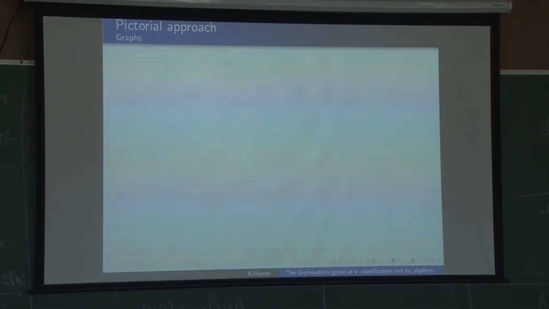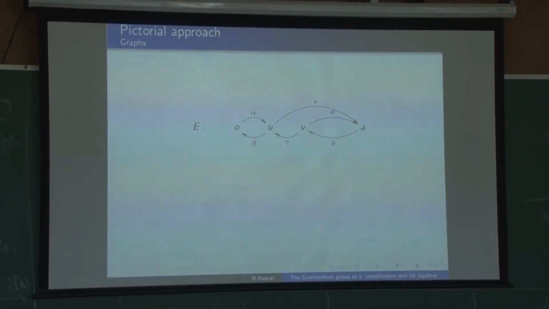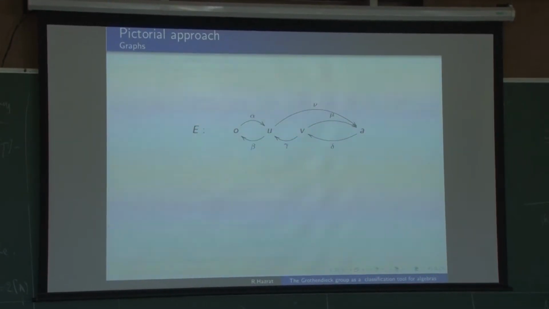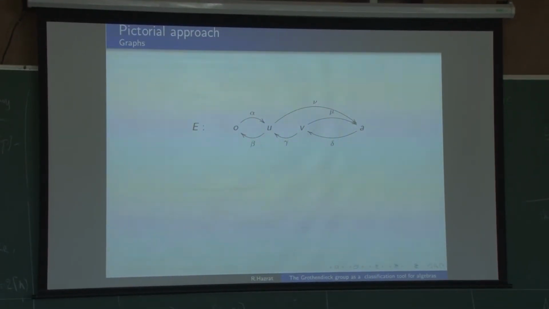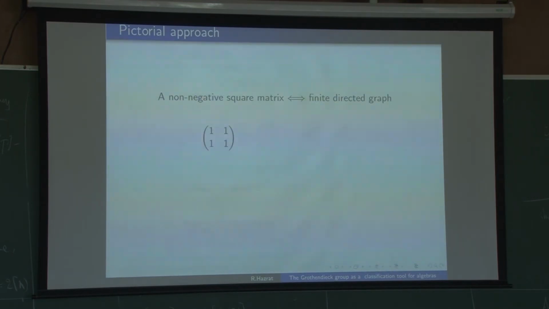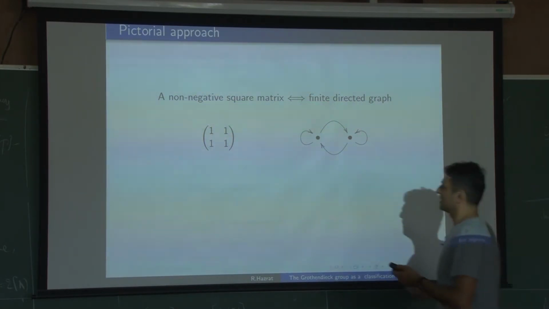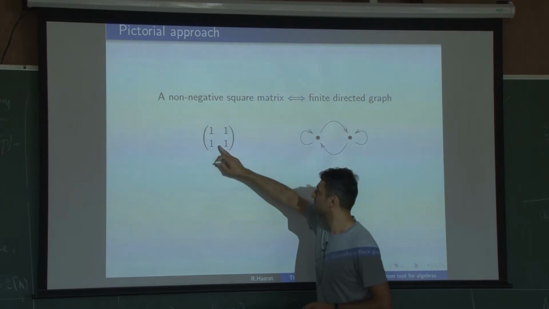Okay. So now, here is where Muge mentioned. There is a way to attach a graph to a matrix, the adjacency matrix. And then instead of working with matrices, I'm going to work with graphs. And that's also in his paper, so I'm just skipping this. So now, this is the adjacency matrix. This is a graph related to this matrix here.